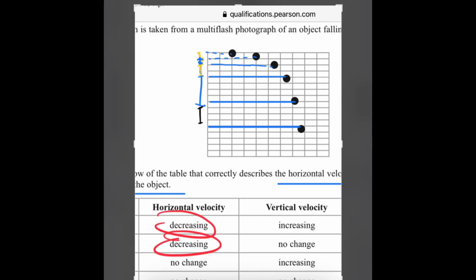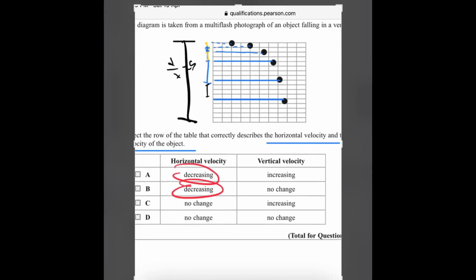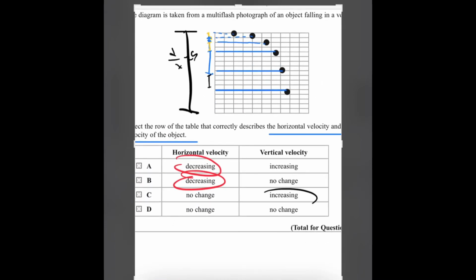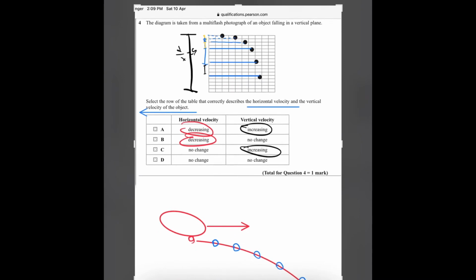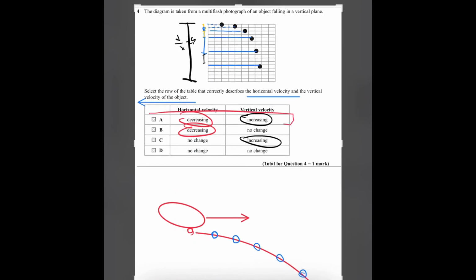So this means that distance by time is actually speed or velocity. So the vertical speed or velocity is increasing. So this or this. So the correct answer is actually A, since only in A both of the columns match. So the answer to question 4 is A.